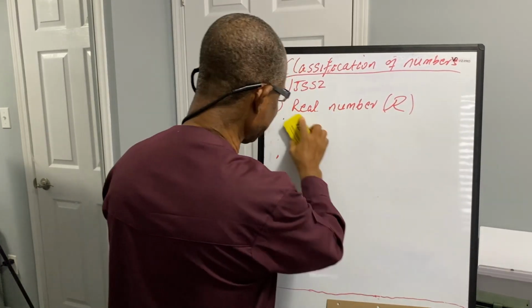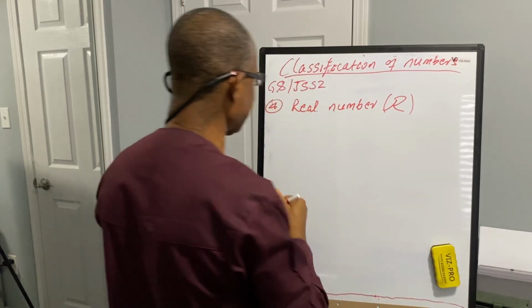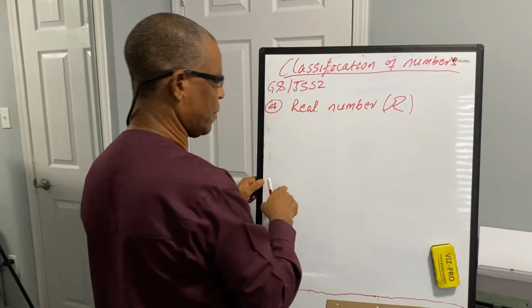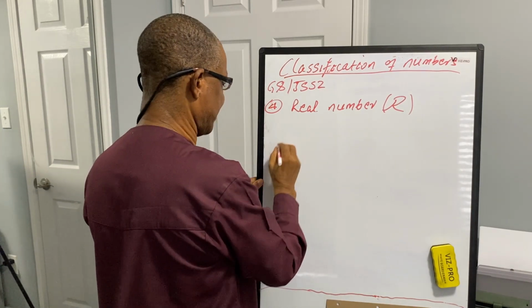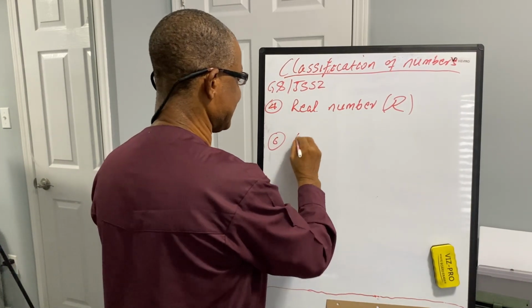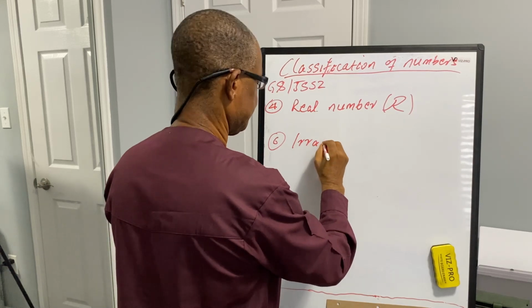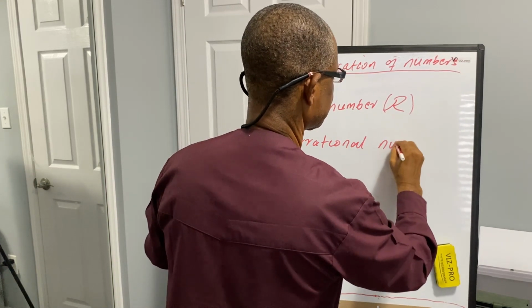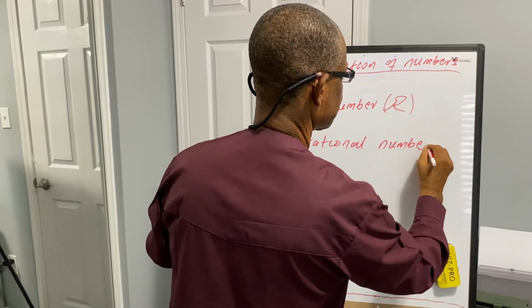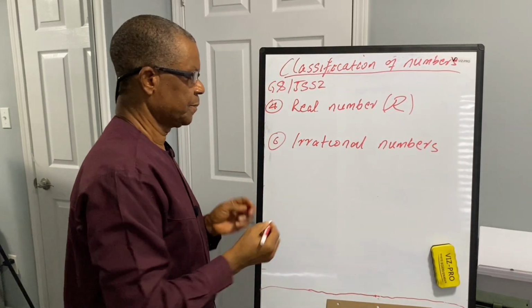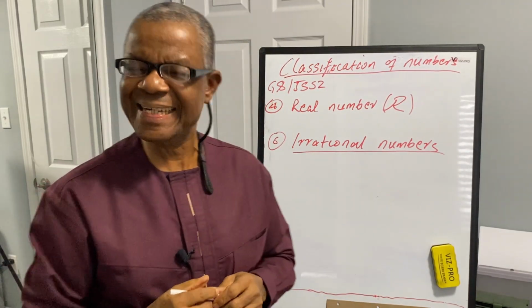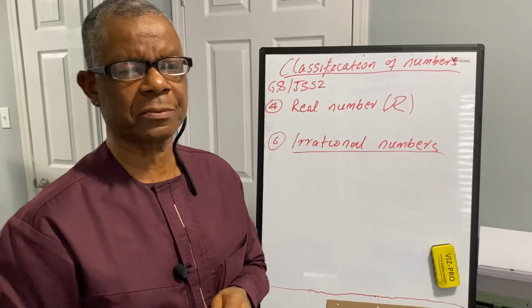We have irrational numbers. The rational number is number 5. This one is number 6, irrational number. These are numbers that cannot be written in exact fraction.